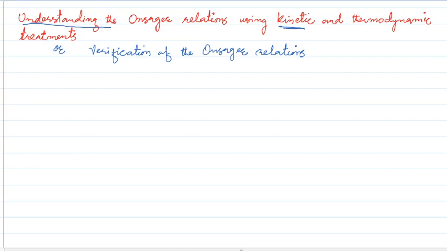What we do basically, we will apply the Onsager theory to a simple reversible reaction.